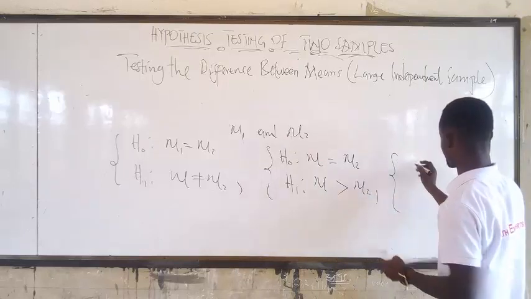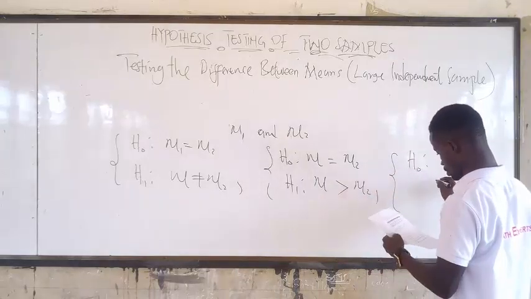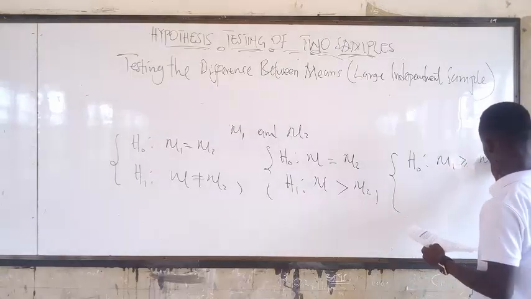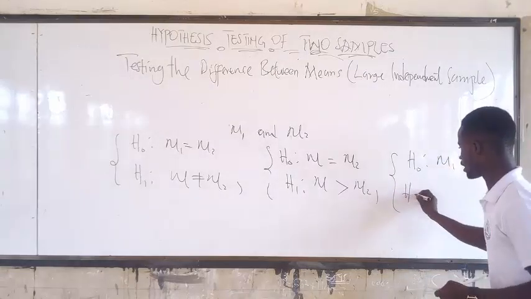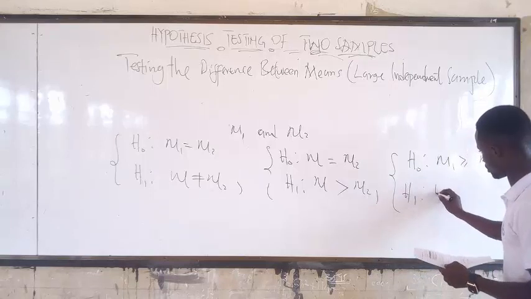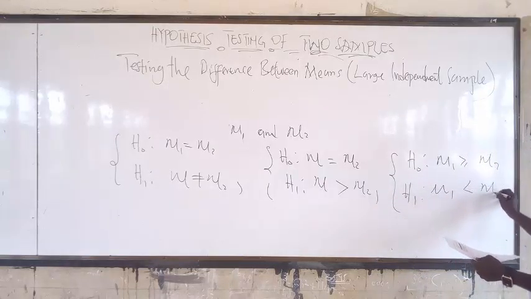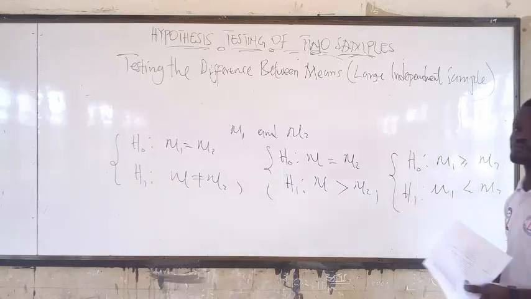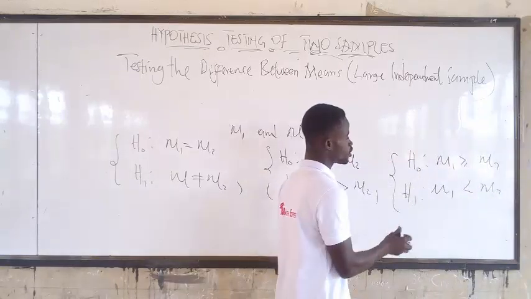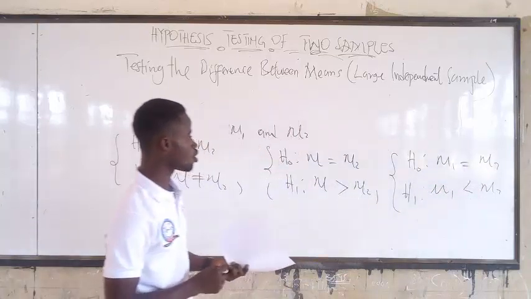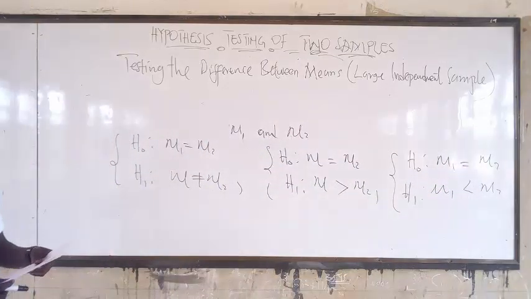We can also get this one, where the alternate will be the other way. The statement is just going to be between two parameters. And you know that this one will be equal. So that's how it's going to be.